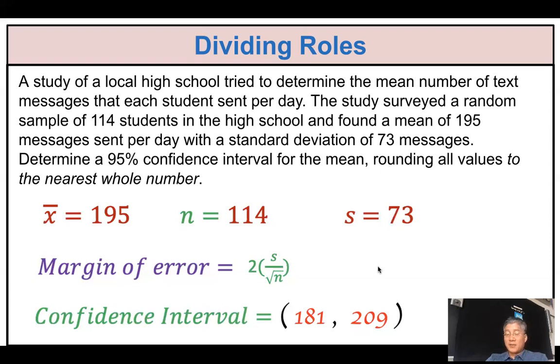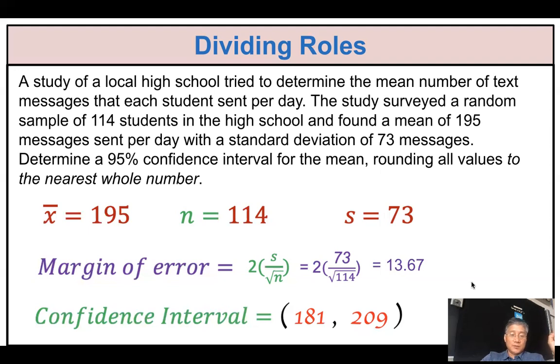The margin of error is 2 times the sample standard deviation divided by the square root of n, which is 2 times 73 over the square root of 114. If you calculate it, the margin of error is 13.67.